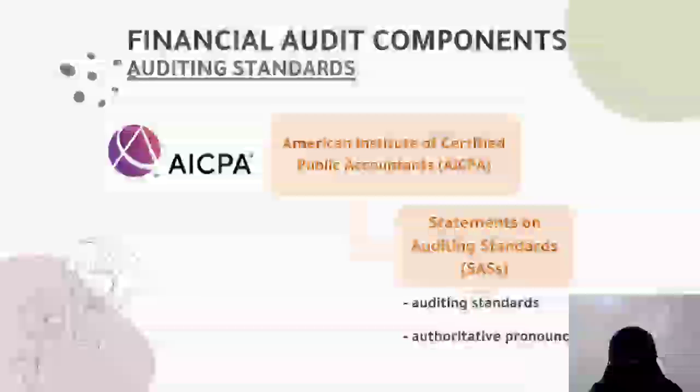So SAS are often referred to as auditing standards or GAAS, although they are not the 10 generally accepted auditing standards. So the first SAS was issued by the AICPA in 1972.